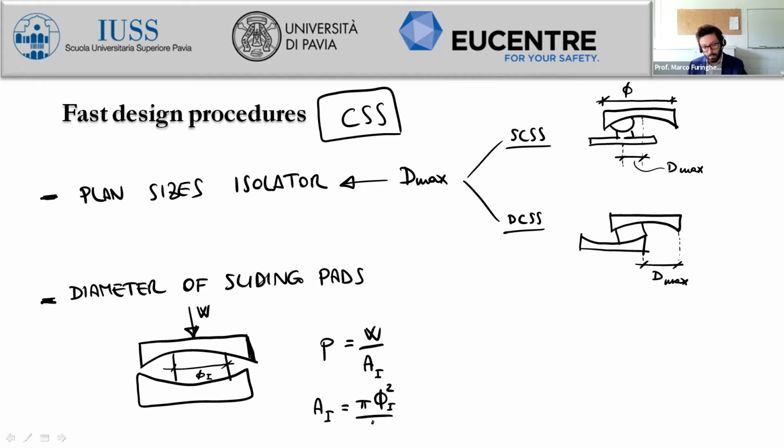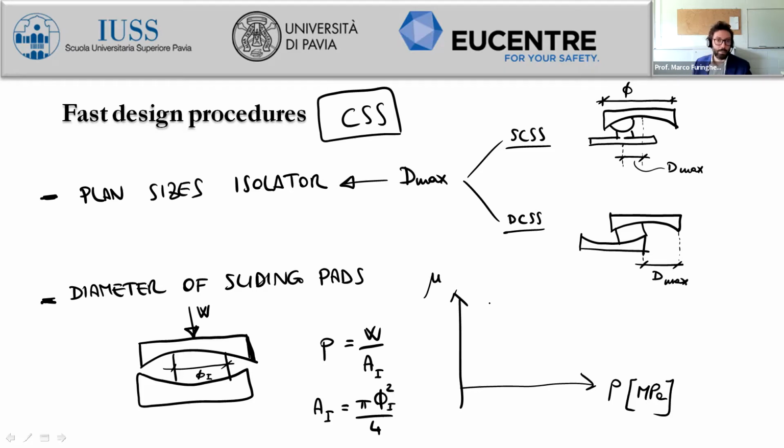And then we know that every material has a proper definition of friction coefficient decay with respect to the contact pressure. This is in megapascals, and it is given by the producer.